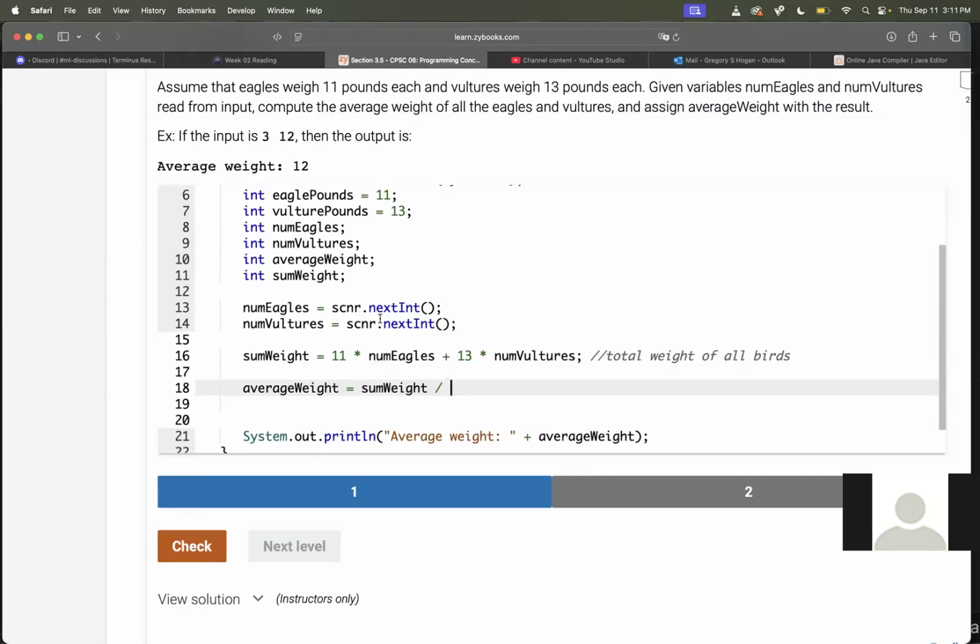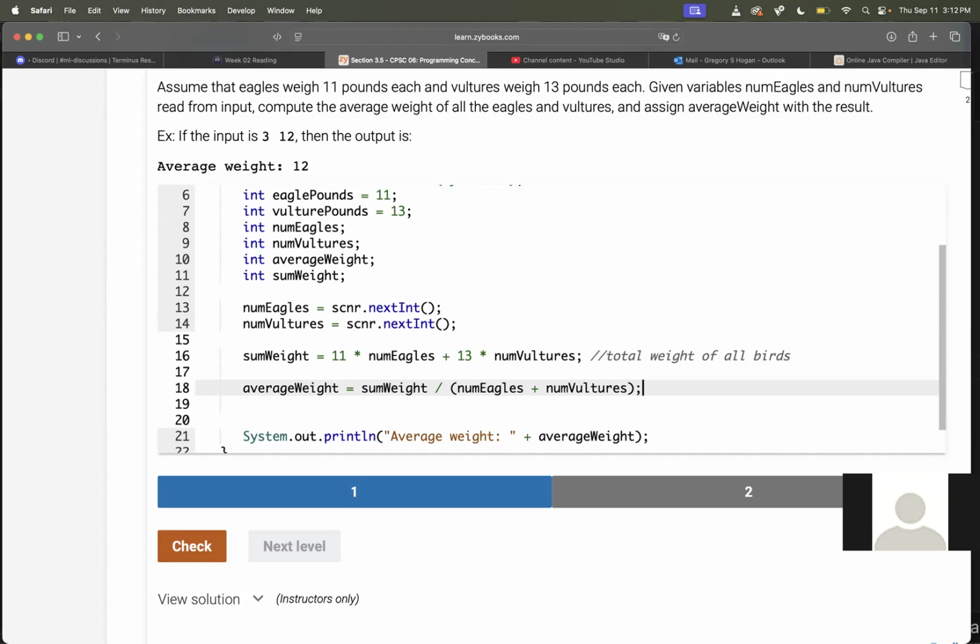But I don't have a variable for number of birds, so I'm going to have to add up the number of eagles and the number of vultures. Num eagles plus num vultures, and do that in parentheses.